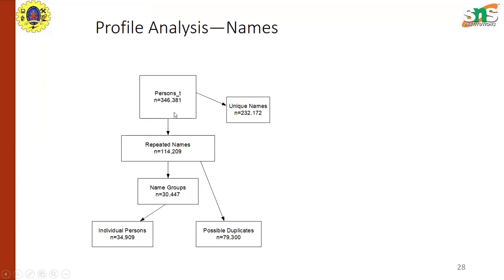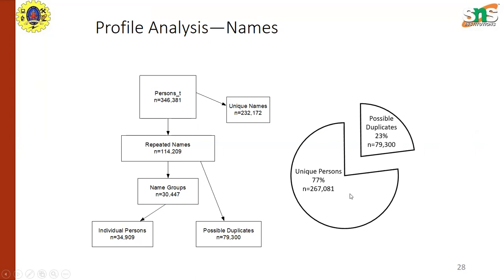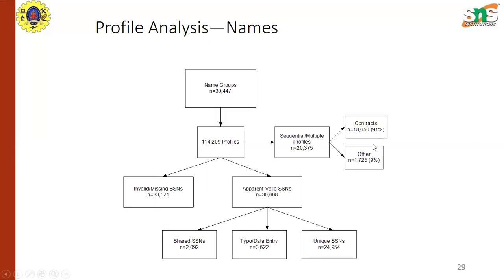Then we can also identify the unique names and the names which are repeated, the repeated name groups, then individual persons or possible duplications, which we eliminated. In this, the unique person is 77% and the duplicate is 27%.